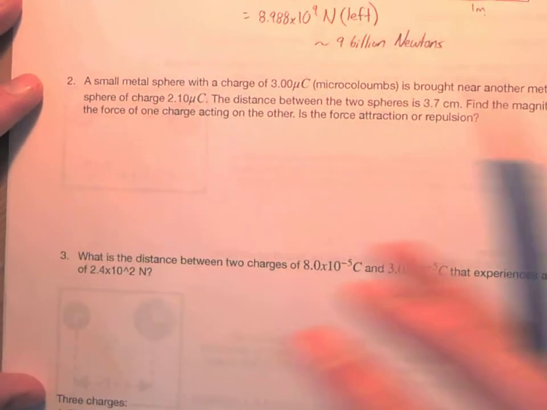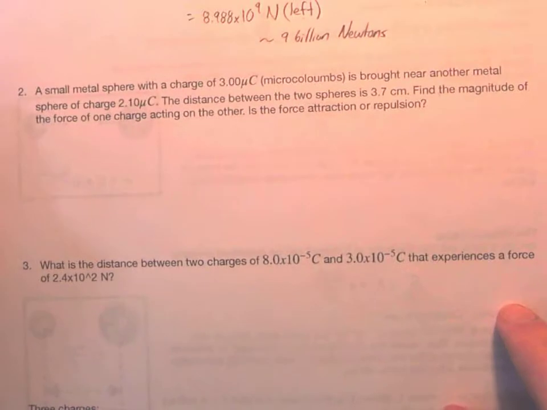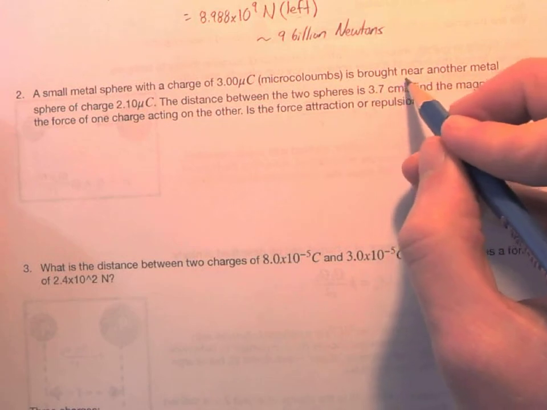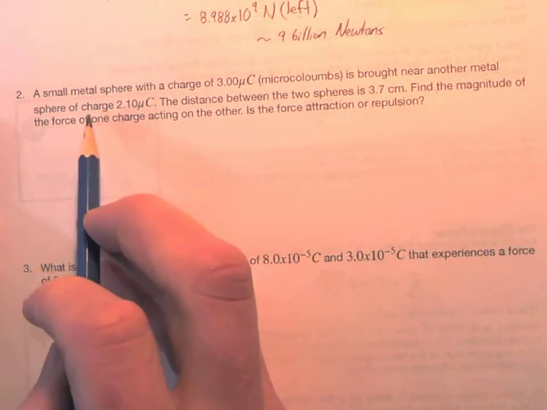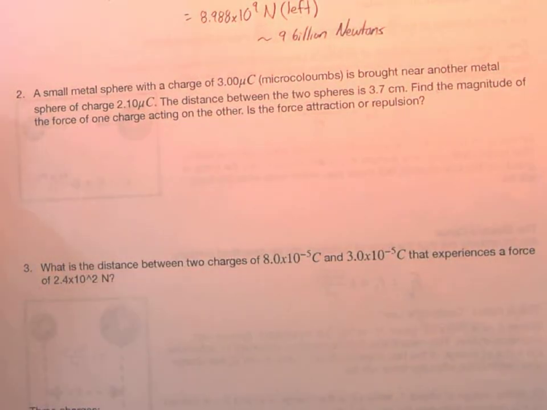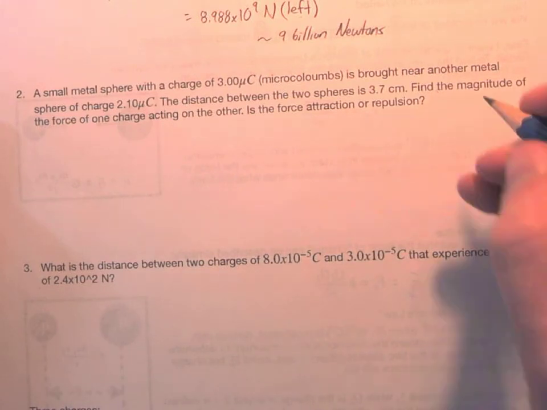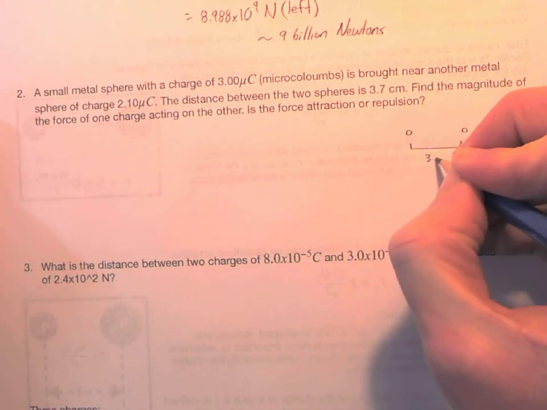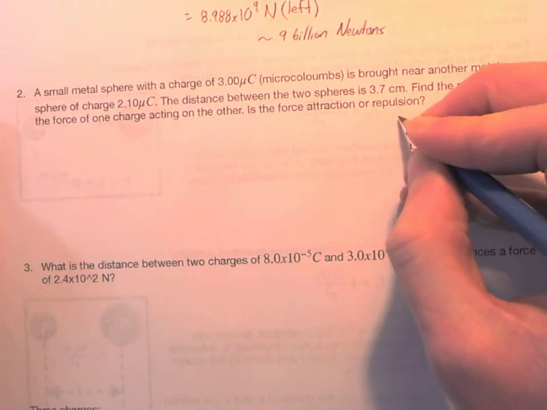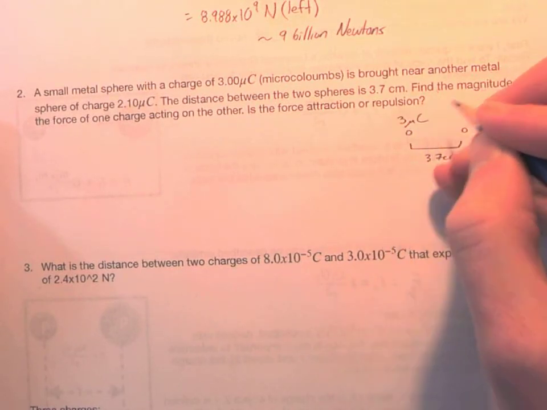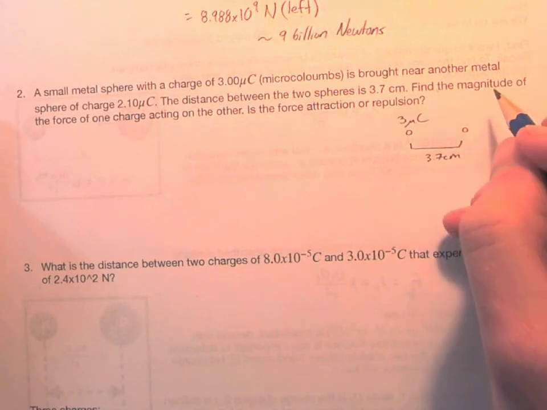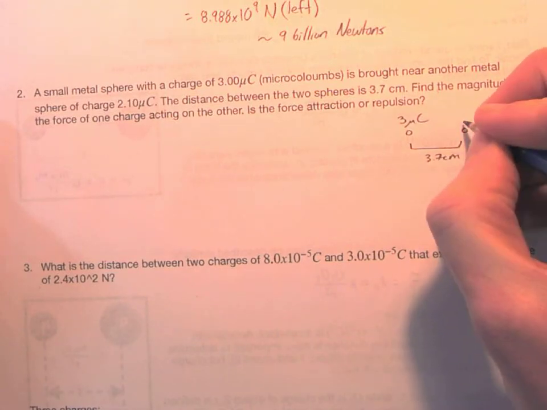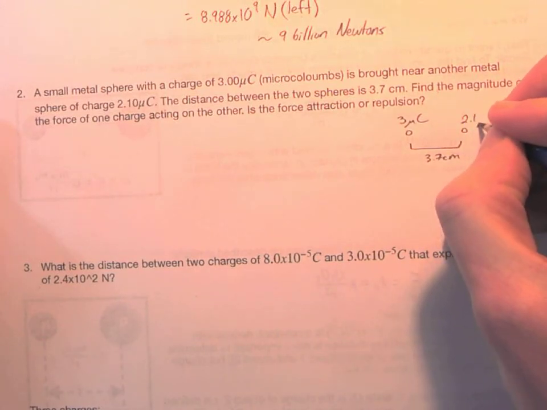Next one: a small sphere with a charge of 3 microcoulombs is brought near another metal sphere with a charge of 2.1 microcoulombs. The distance between the two spheres is 3.7 centimeters. So you have your two spheres, 3.7 centimeters apart. One is 3 microcoulombs and the other is 2.1 microcoulombs.